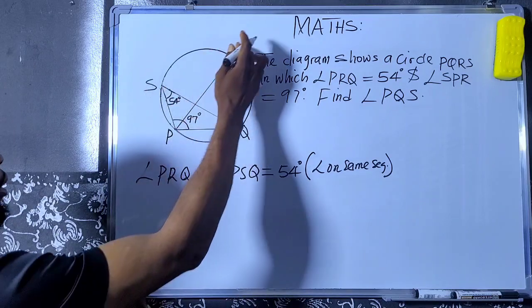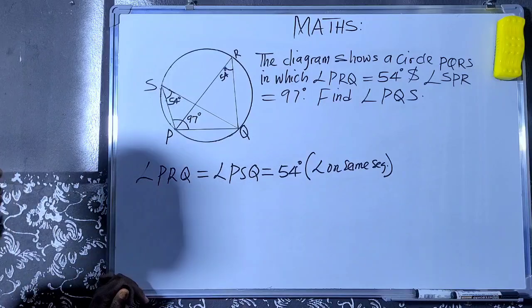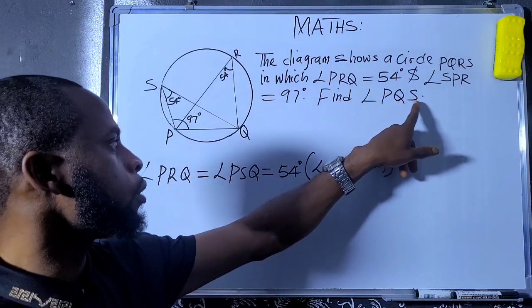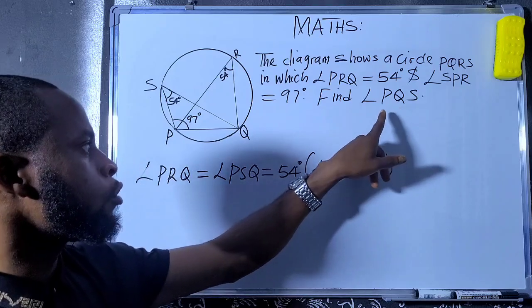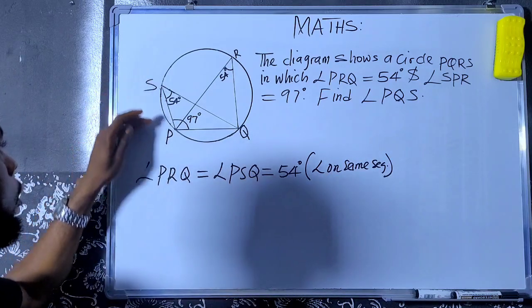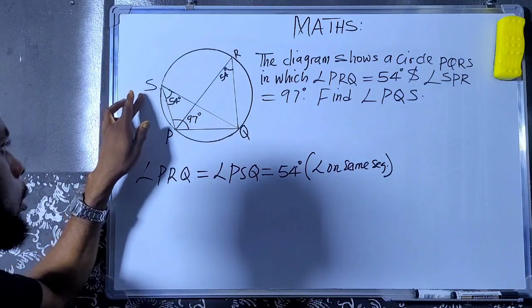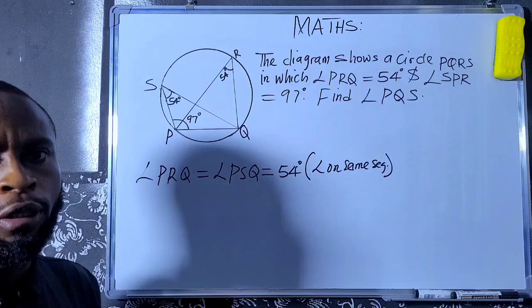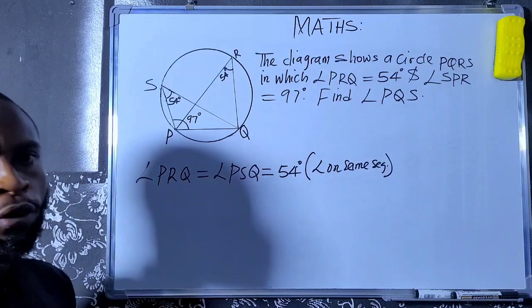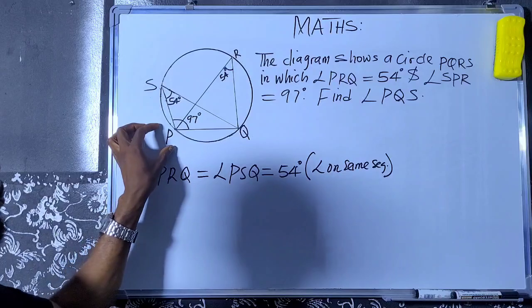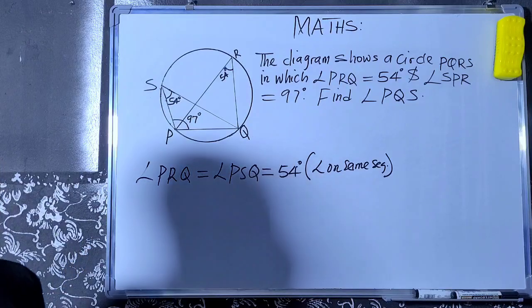Then S and R are equal. Then we are asked to find angle PQS. And PQS is a triangle, and the sum of angles in a triangle is 180 degrees. And now you have gotten the values of the two angles, which is S and P, are now known.